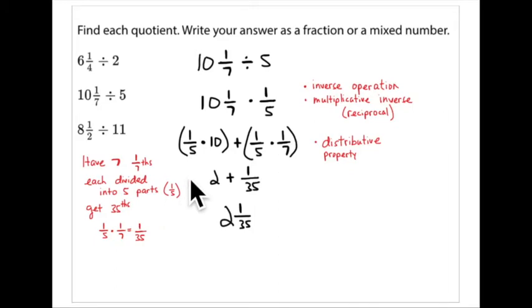So this is 10 and 1/7 divided by 5. And again, if you look at it, what's 1/5 of 10? So I'm going to use the inverse operation, which is multiplication, and I'm going to use the multiplicative inverse, or the reciprocal, which is 1/5. So you are operating on this 10 and 1/7.